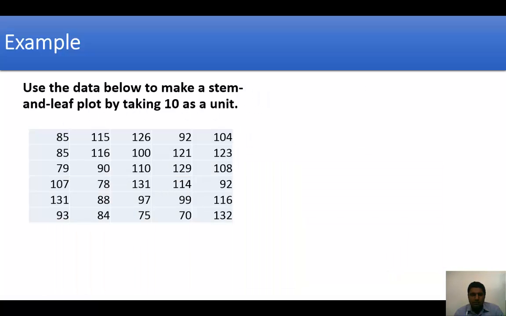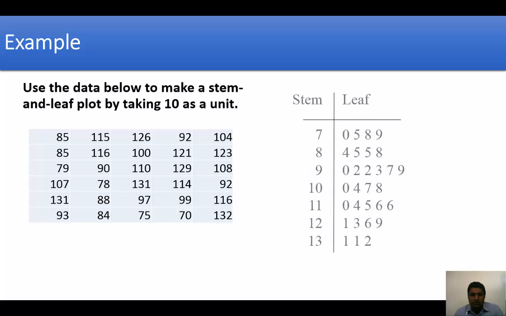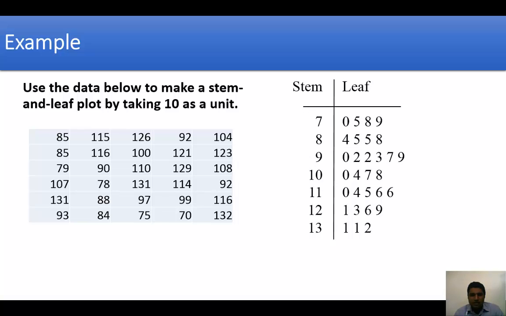Well, this is another example. Suppose this is the data and you have to construct a stem and leaf display. So the rightmost digit will serve as your leaf and the preceding digits will serve as your stem. So possible stems in this case will start from 7, 8, 9, 10, 11, 12 and 13.